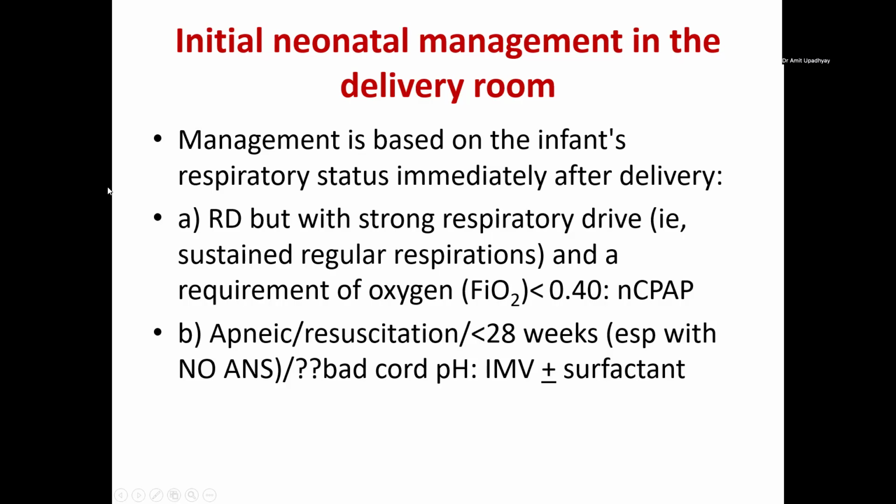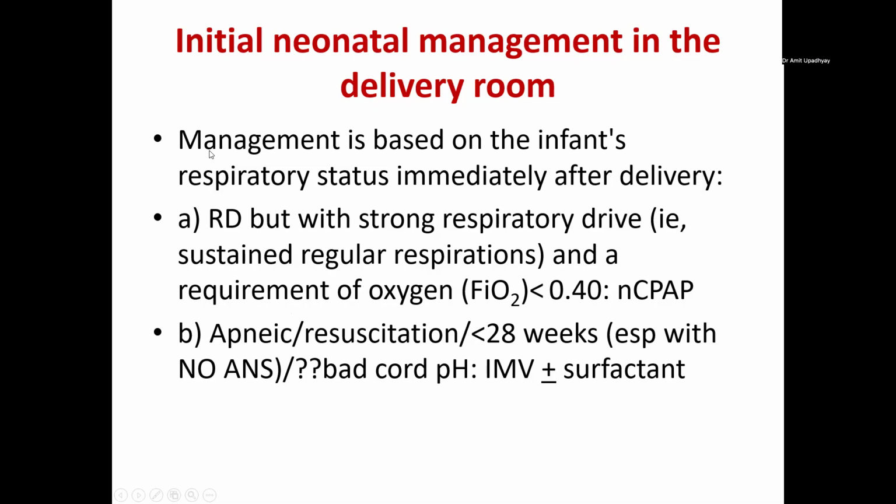If you have bad cord pH, then you may consider direct intubation and ventilation, though there are no standard rules for this as well. Most babies who require resuscitation have cord pH of say 7.0, base excess of -15.